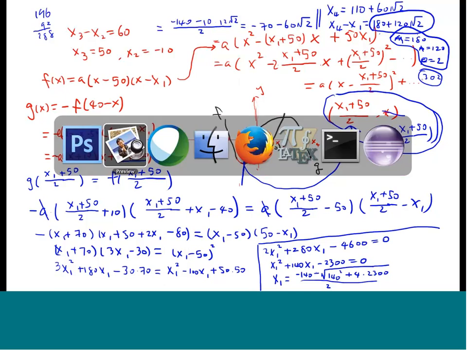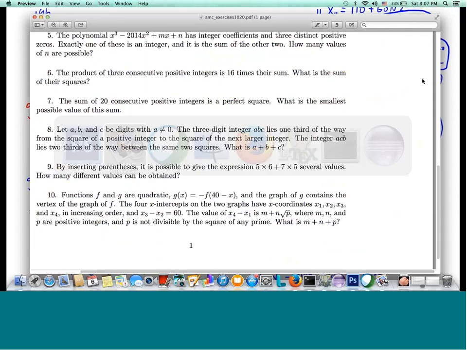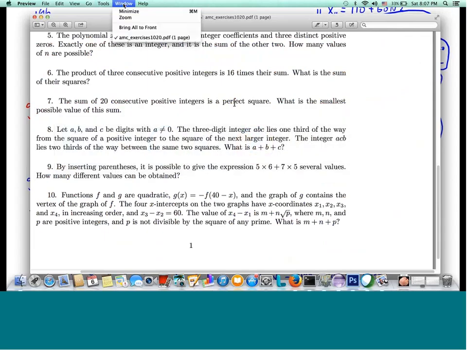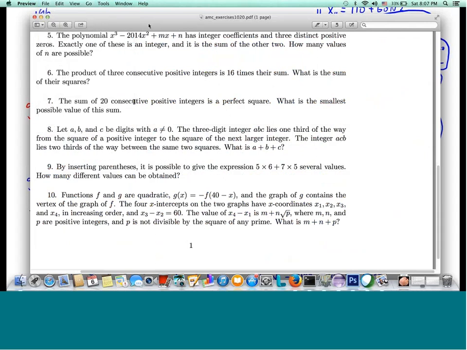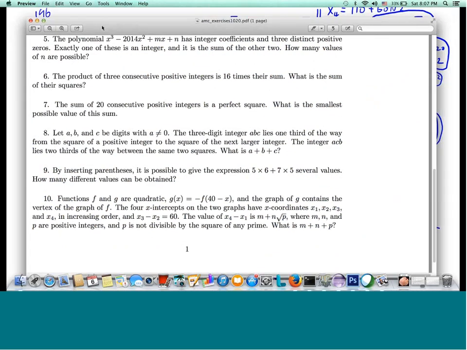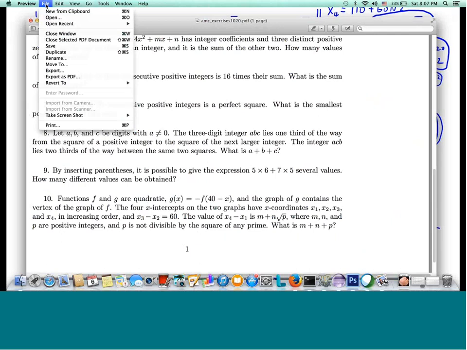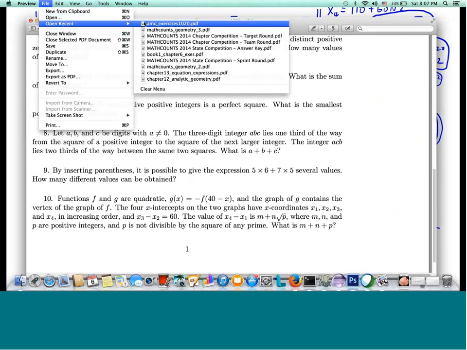All right, let's move to the next one. I think we're done with this. I don't have it open. What? Why? Open. There you go.